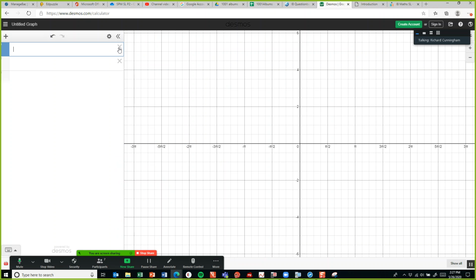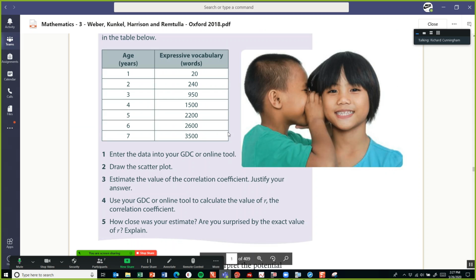Here's Desmos, and I need to put it into a table. So I've got 1, 2, 3, 4, 5, 6, 7, 20, 240, 950, 1500, 2200, 2600, 3500.